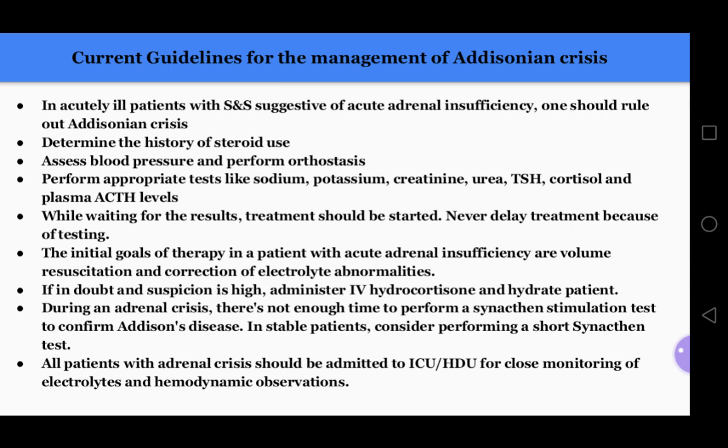While waiting for the results, treatment should be started. Never delay treatment because of testing.